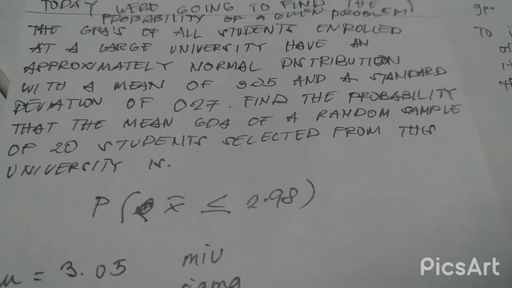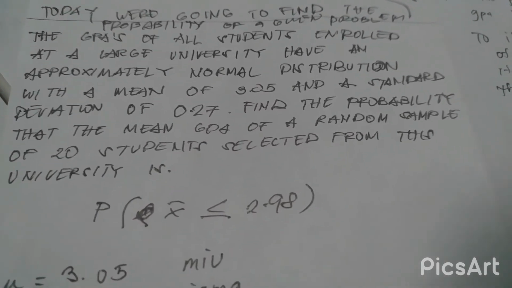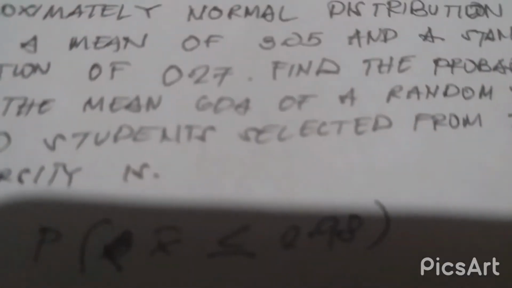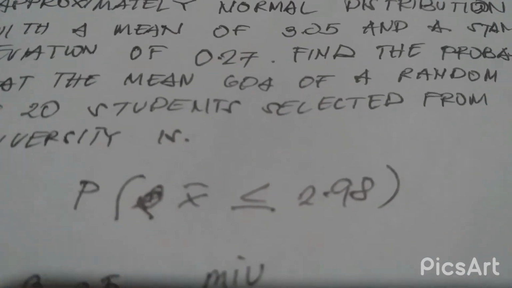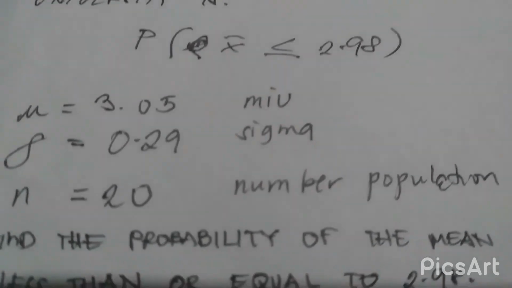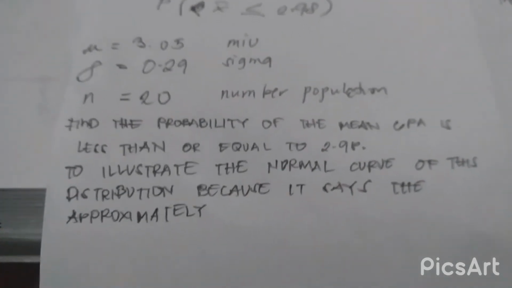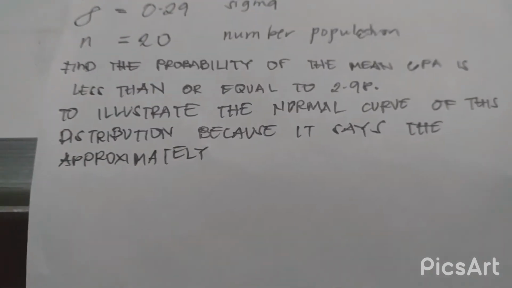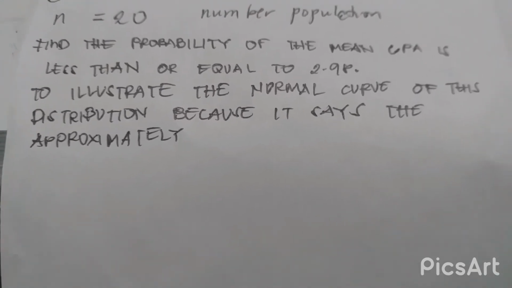Find the probability that the mean GPA of a random sample of 20 students selected from the university is less than or equal to 2.98.